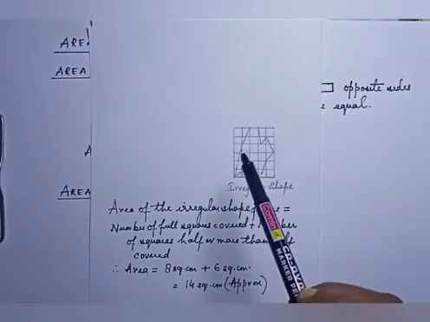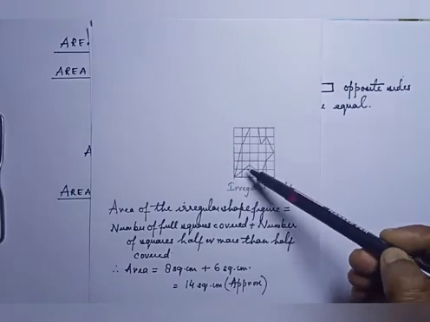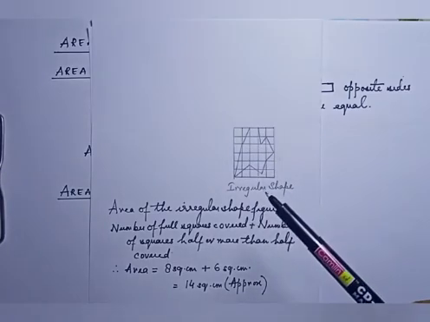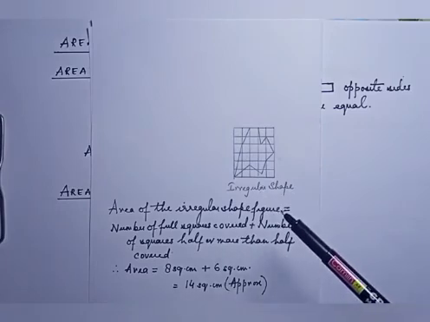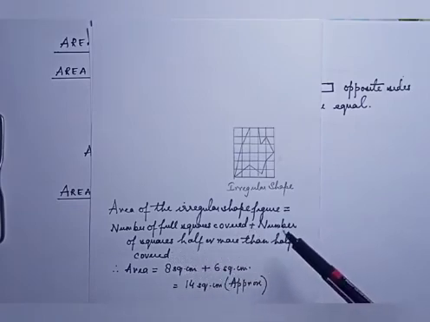So over here I have traced a graph sheet and I have traced a shape of an irregular shape figure. So how we are going to find out the area of irregular shape? It can be taken out by counting the number of full squares covered plus number of squares half or more than half is covered.